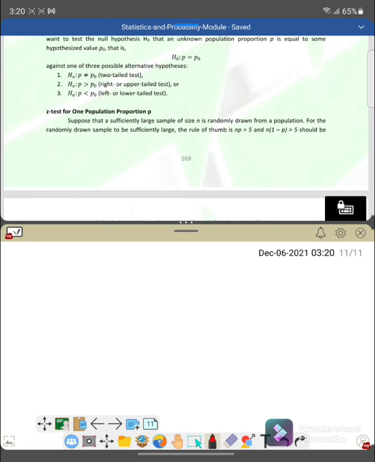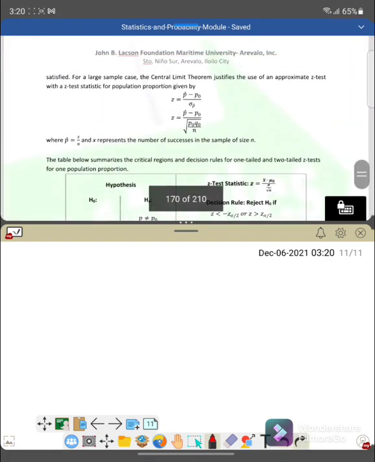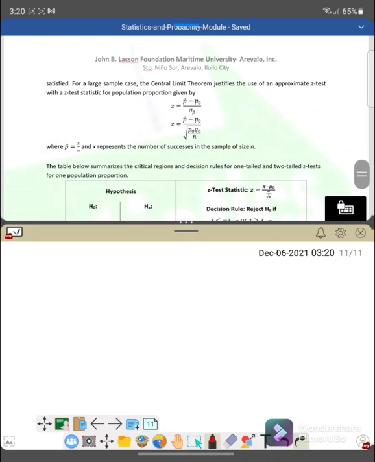And n times 1 minus p should be greater than 5 also. Okay, now, for a large sample case, the central limit theorem justifies the use of the approximate z-test with the z-test statistic.